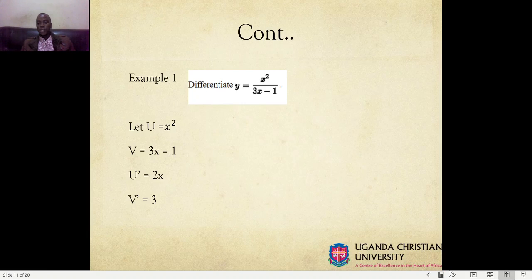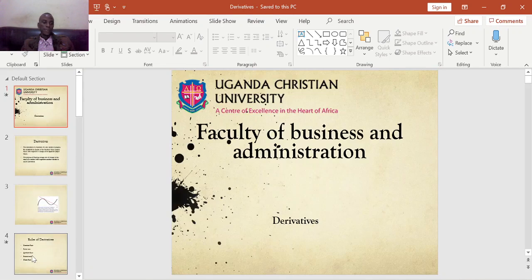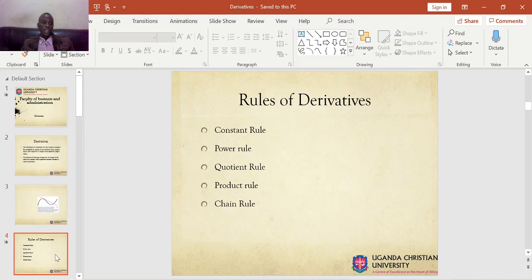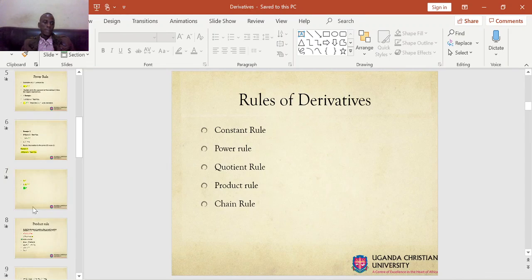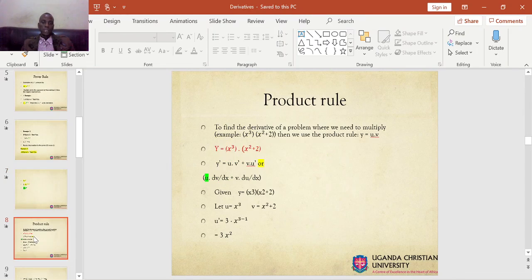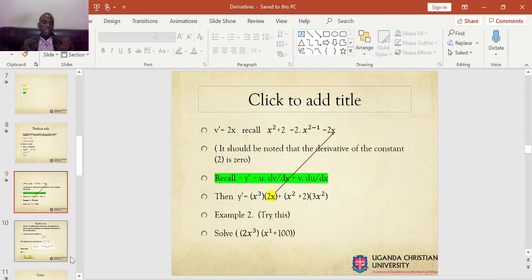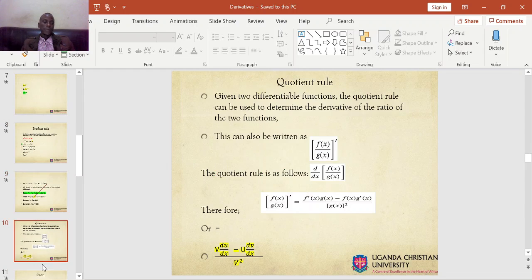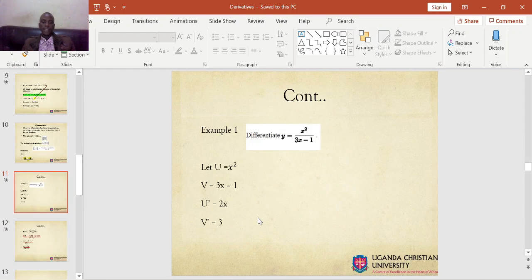Let's just have a reminder. It's not a product rule, just a reminder. Alright, let me show you how we got it.